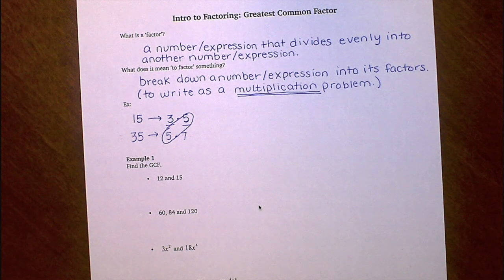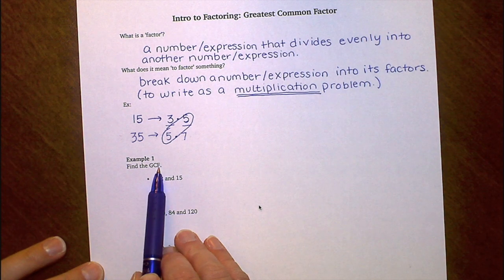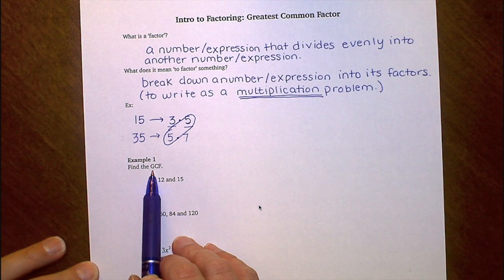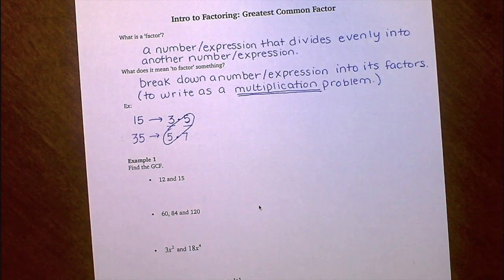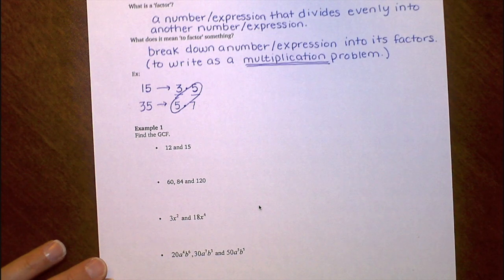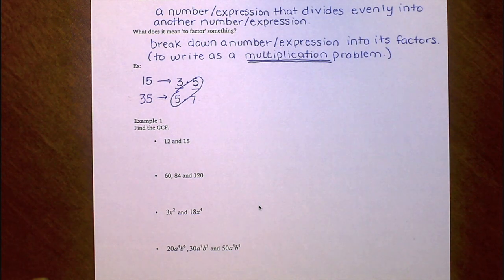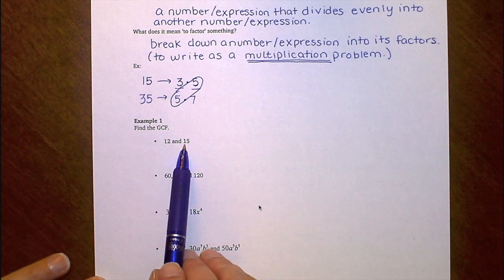Sometimes they have other ones in common, and we have to be careful that we think about all the different possible factors. So it's the largest factor that two numbers have in common. And in our next lesson, you'll see why that's important in the factoring process. But for today, we're just practicing finding that value. So 12 and 15, can you think of the largest thing that divides evenly into both of these things?